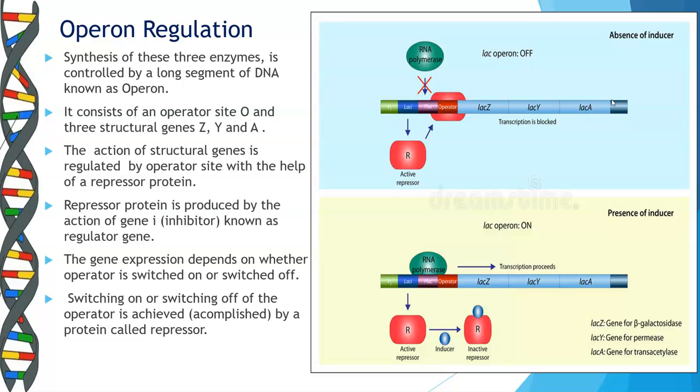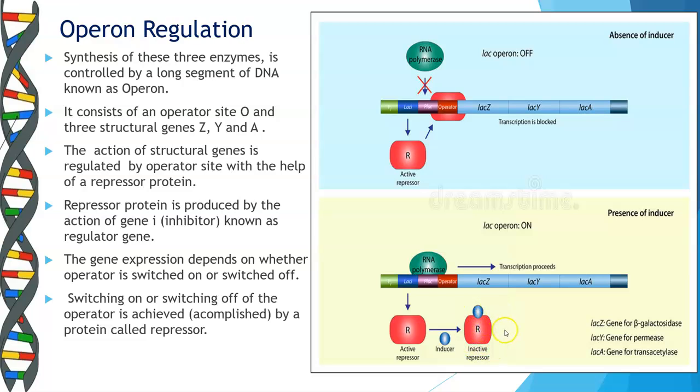And when your lac operon is in the on condition, this will happen when you have an inducer present. So what is the inducer in case of our lactose metabolism? The lactose is going to act as an inducer. So what this inducer does is, when the repressor is produced by your LAC-I gene, this inducer comes in and binds to your repressor and inactivates it.